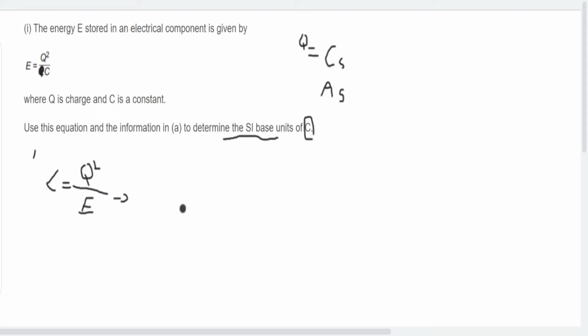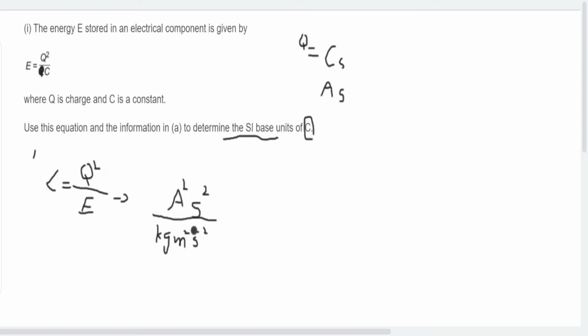Instead of writing Q, I'm going to write A s. But it is squared. That means everything that's present inside Q will be squared as well. So A gets a square and s gets a square, over energy. Now energy, as I said, has the same SI base unit as work done. So work done has the SI base unit of kg m^2 s^-2.